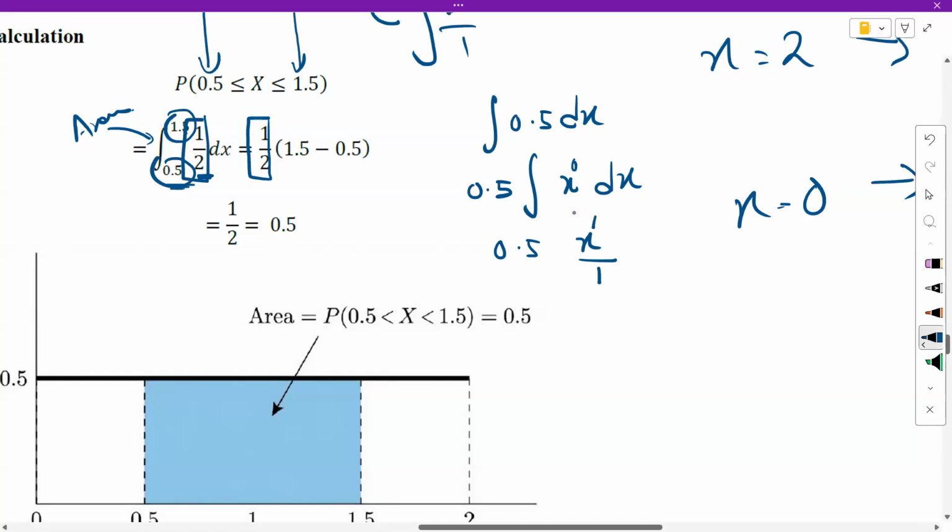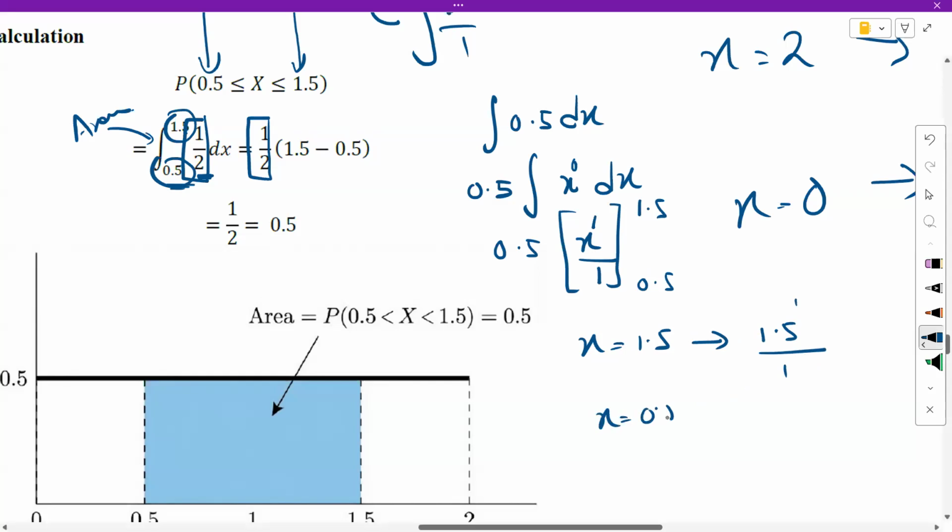Now we have upper limit 1.5, lower limit 0.5. Now we substitute x equals 1.5, so x to the power 1 over 1. And we substitute 0.5, the lower limit, x equals 0.5 over 1.